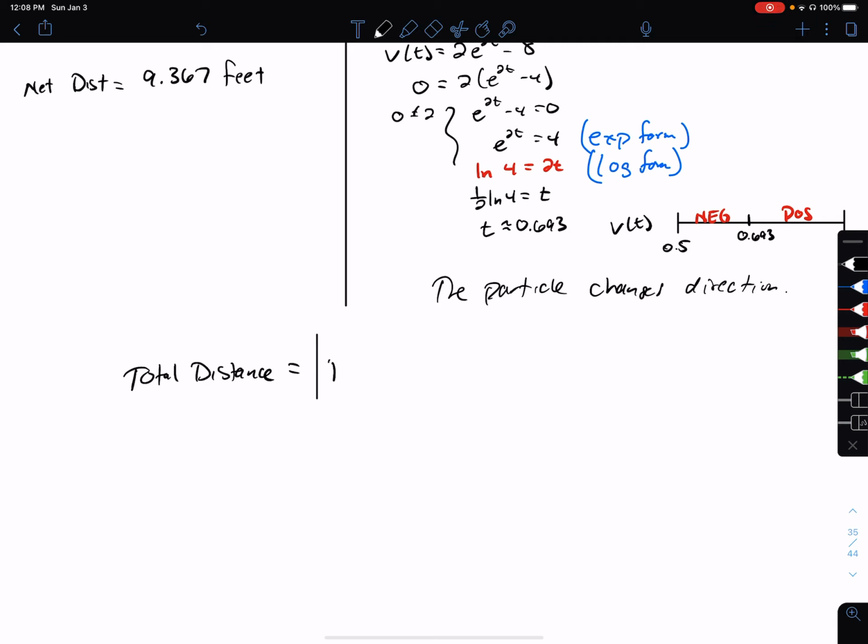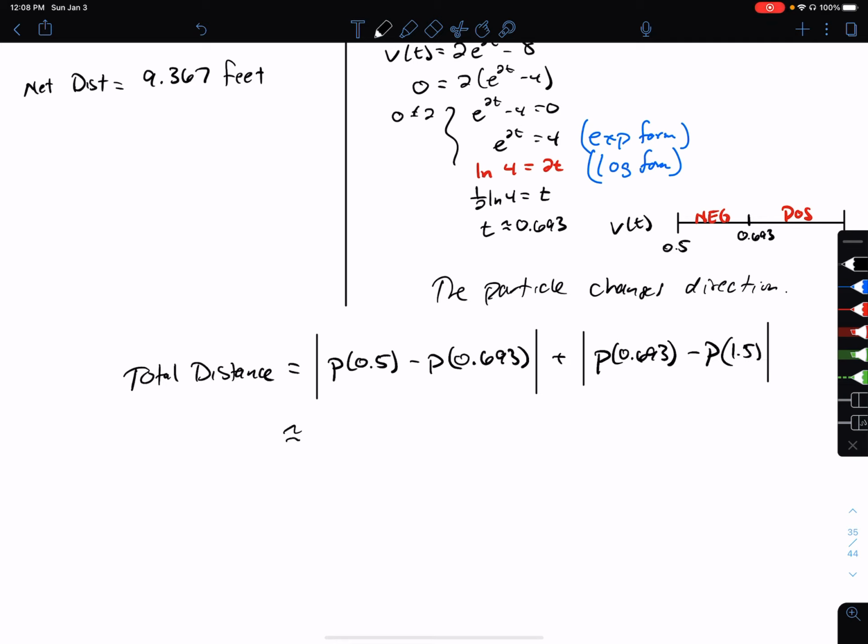We have to take the beginning position, which is the position at time half a second, subtract from that where it first changed direction, which is at time 0.693, find that absolute value, and then add to that the position where it first changed direction subtracted from the position of the particle at the time when it stopped, which is 1.5.